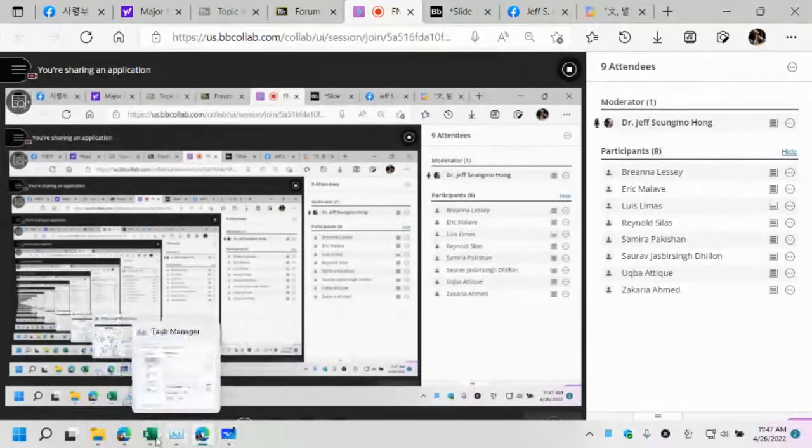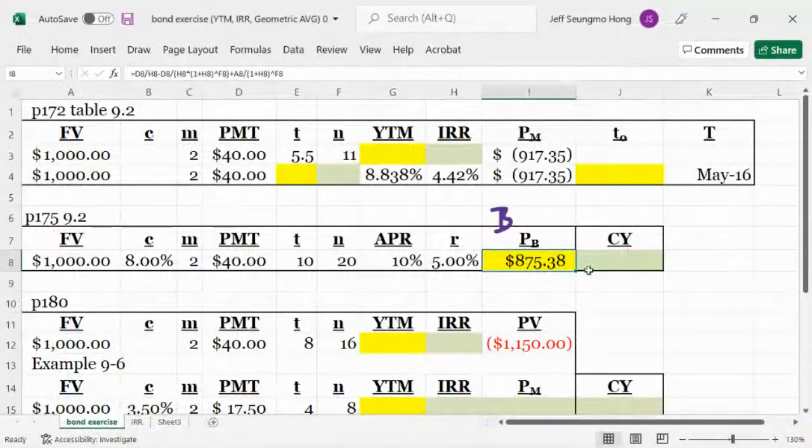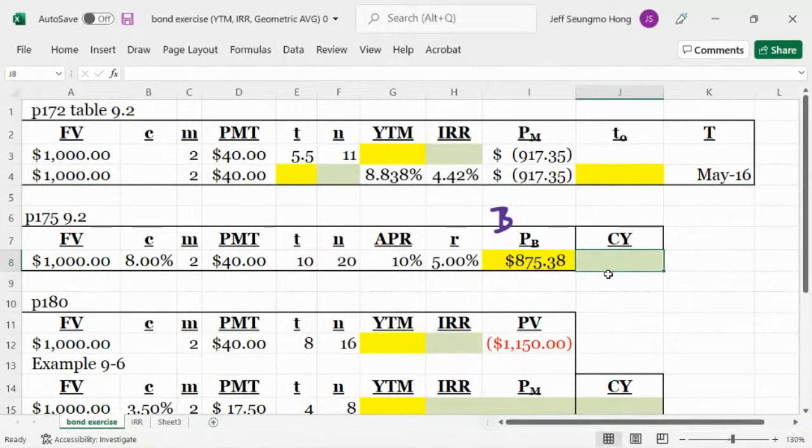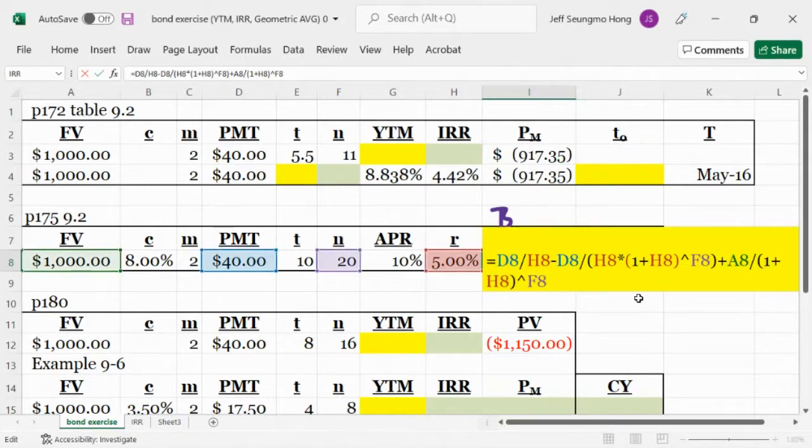Okay, so those who have this file in front of you, let's do this first. Current yield, it was this previous problem, and if you did this with me, you have it there. If you didn't, do this now.